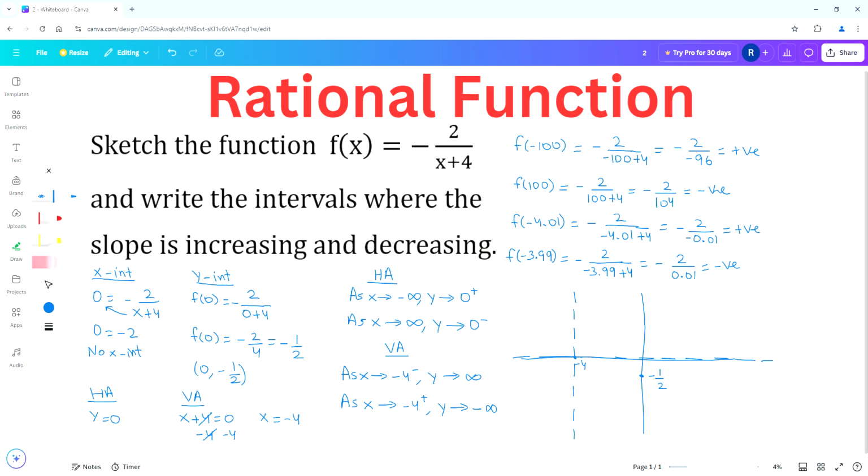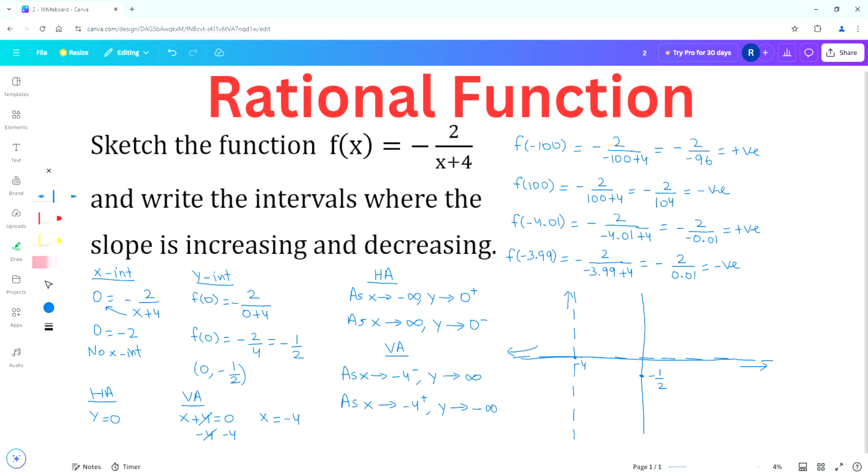On the left side, the function approaches the horizontal asymptote from above. On the right side, the function approaches the horizontal asymptote from below. On the left side of the vertical asymptote, the function approaches positive infinity.